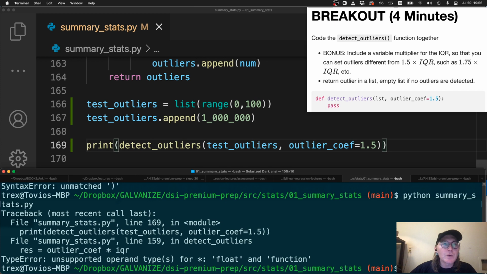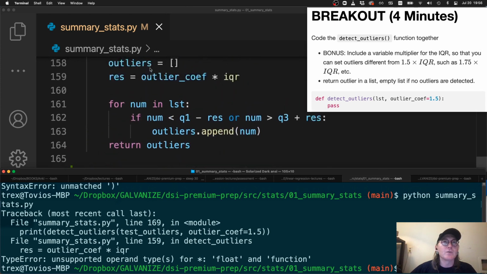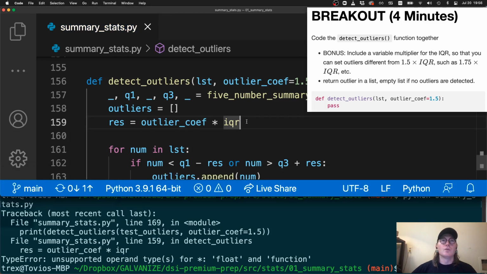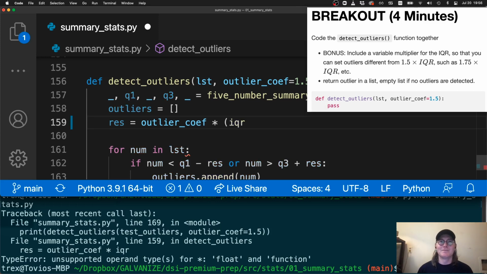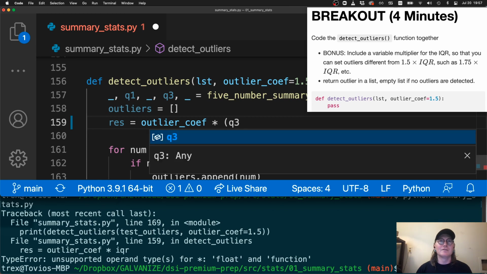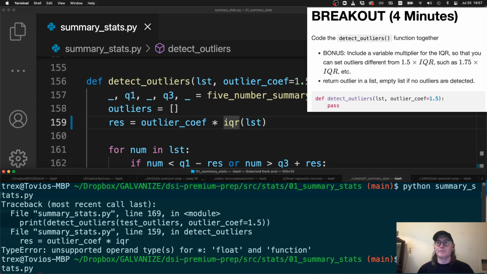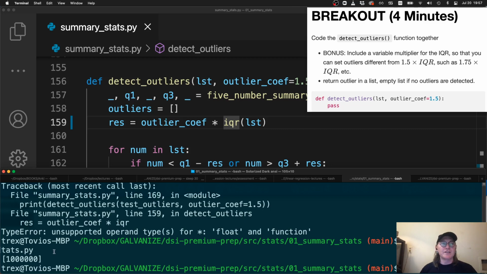Okay, float and function on line 159. What am I doing there? Oh, that makes sense. Sorry, Q3 minus, actually, IQR of the list is what I should do. Okay, so we're collecting 1 million.